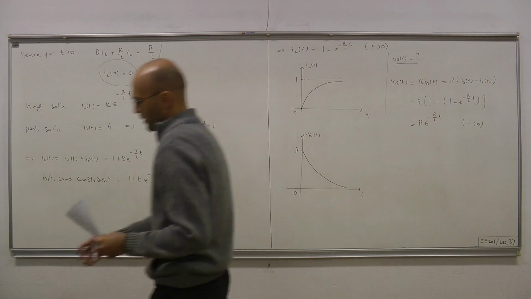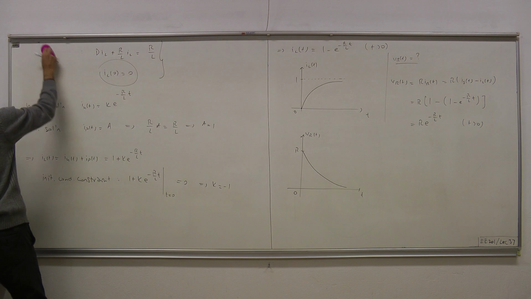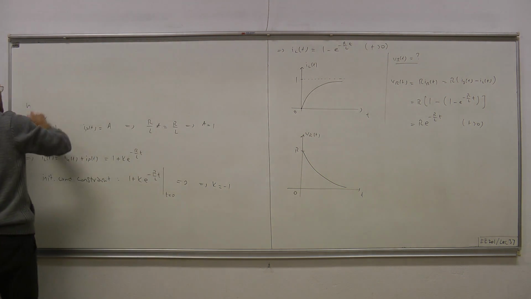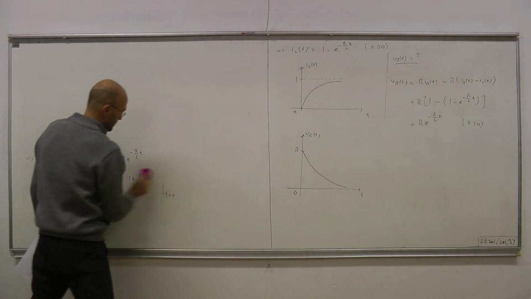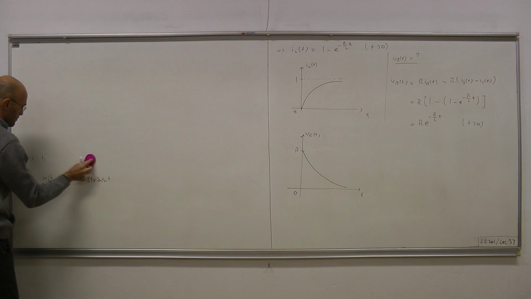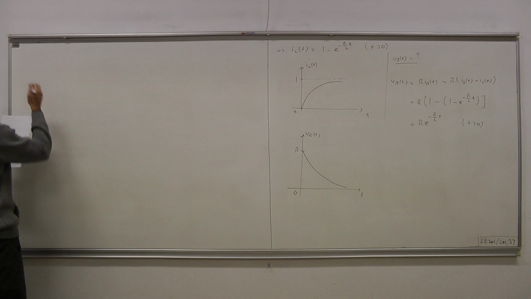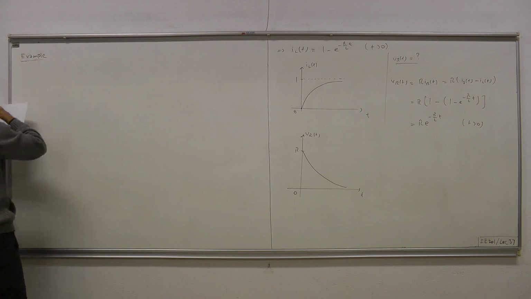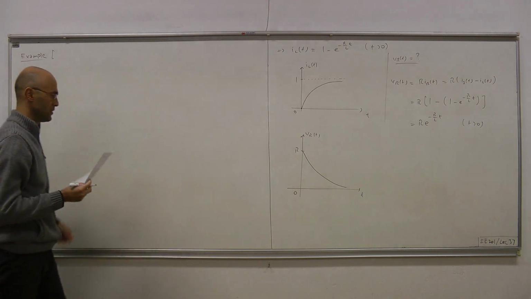Okay, now let's consider a different input. We have so far considered only constant input. Now we're going to figure out what happens in different situations. Here's our next example, where the input is quite a bit more interesting than a constant input.